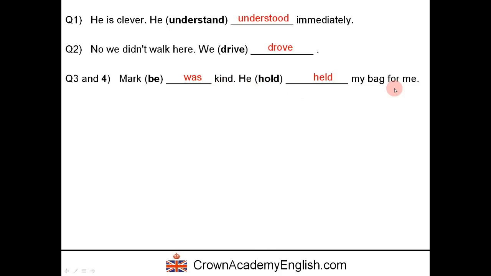He held my bag for me. So the third person singular form of the verb be is was. And the past form of the verb hold is held. H-E-L-D. So both of these are irregular.